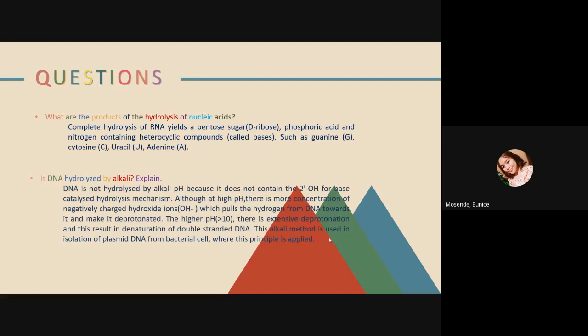This alkali method is used in isolation of plasmid DNA from bacterial cells where this principle is applied. DNA is not hydrolyzed by alkali pH dahil wala siyang 2'-hydroxyl group for the base-catalyzed hydrolysis mechanism. Ang higher pH ay mayroong extensive deprotonation at magre-result ito in denaturation of double-stranded DNA.